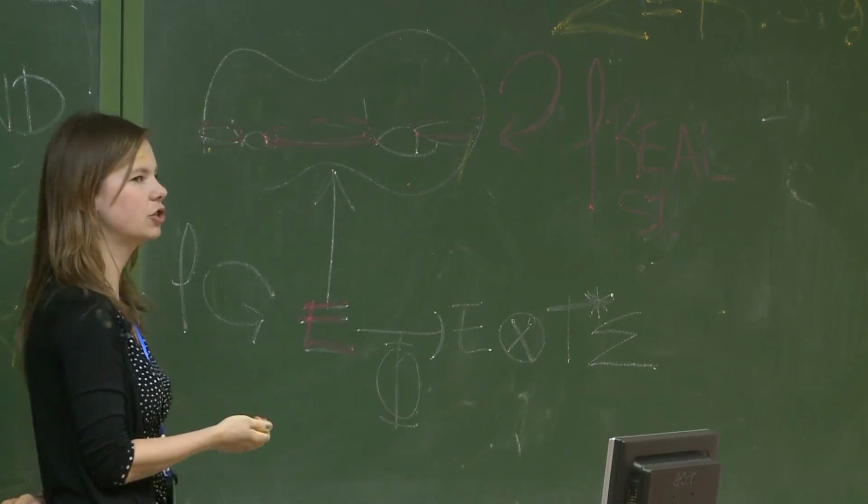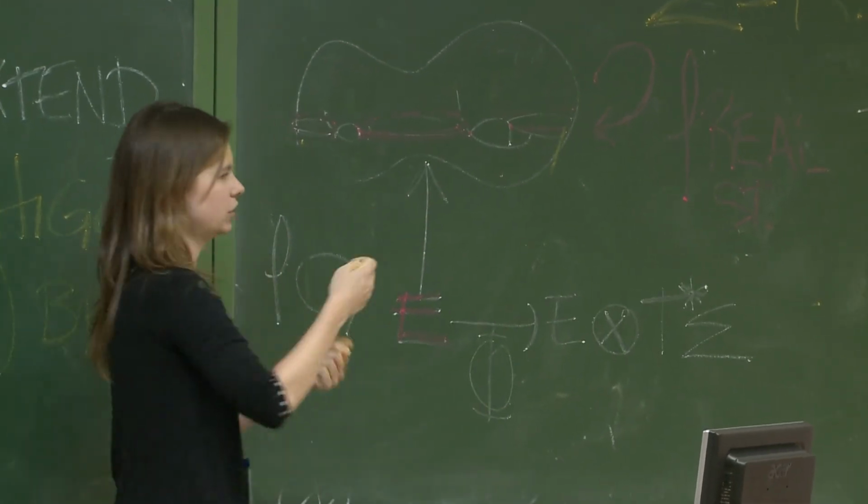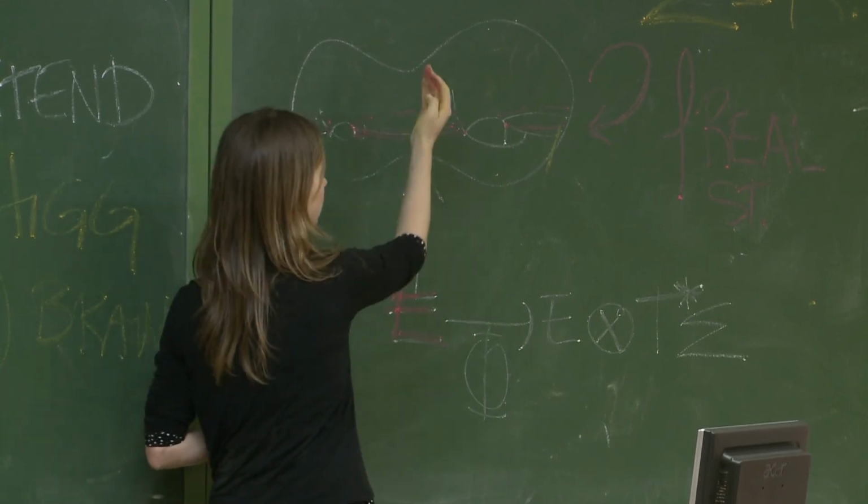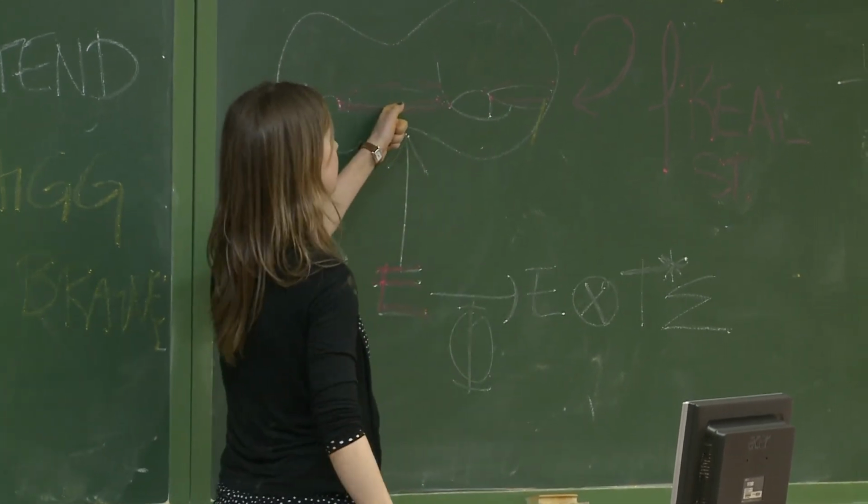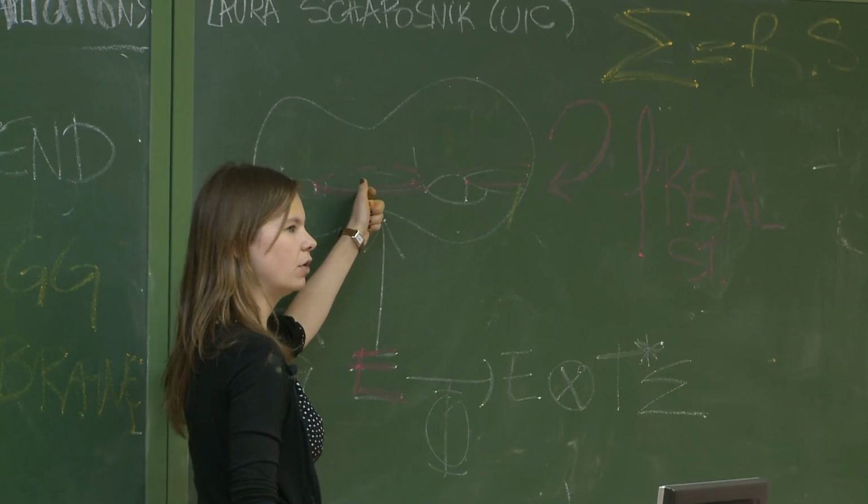For each dimension of our vector bundle, it's like if you had a line bundle here, a one-dimensional space, on a fixed point, it has to be taken to itself or to its dual.